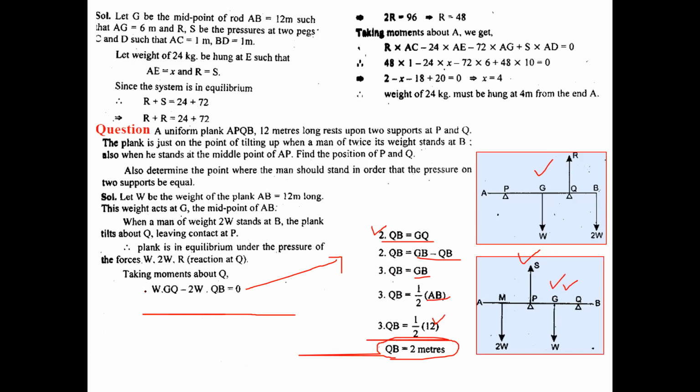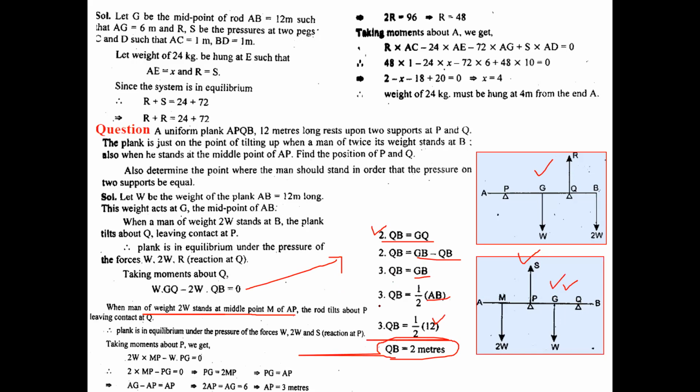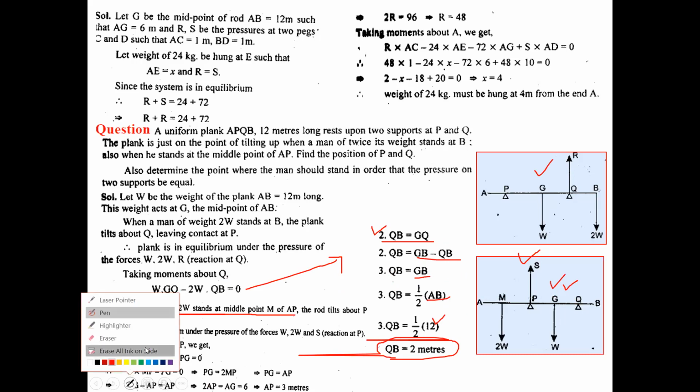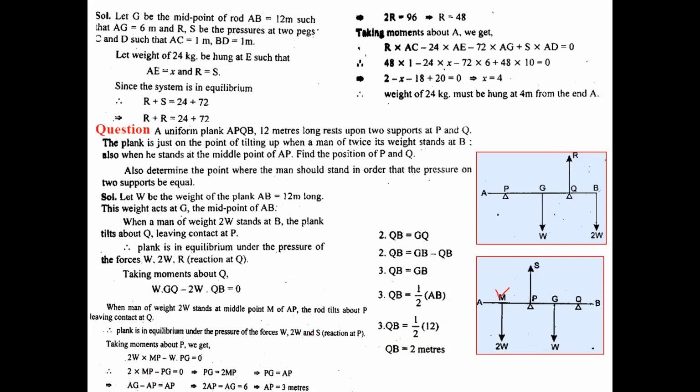Now to find the position of P, we are taking the second situation of the question, where the man is standing in the middle of AP. Again taking the moments about P as in the previous case, for 2W it will be in the anti-clock sense, and for W it will be in the clock sense. So 2W is positive and W is negative. The distance for 2W will be MP, and for W it will be PG.